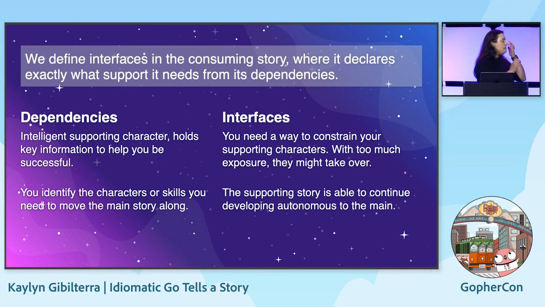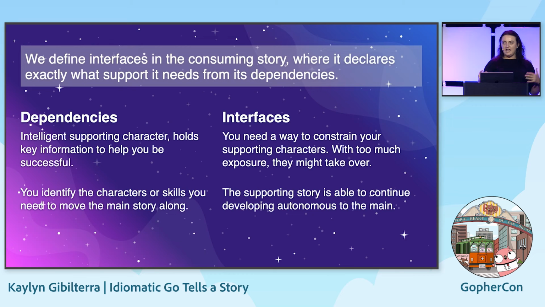So when you need a dependency in a story-like setting, you can look at a call out for a dependency as saying your main characters, your main types, are trying to solve a problem and they need some help. Maybe they're struggling with something. Maybe they just can't solve all of what needs to happen in the action alone. Very common. And instead of having the main character write all the code, do everything on its own, you want to call out to another storyline.